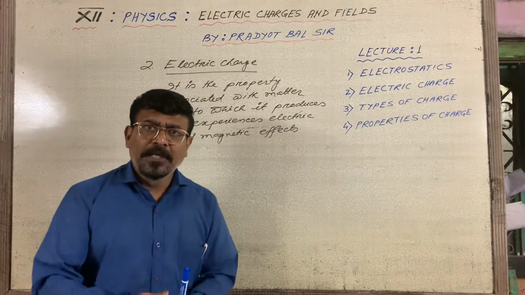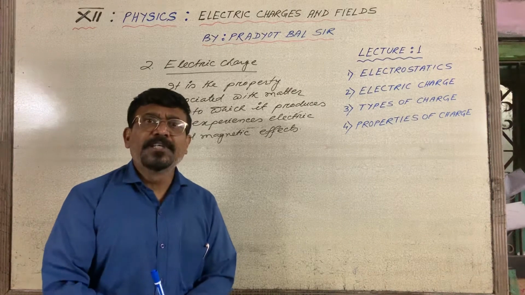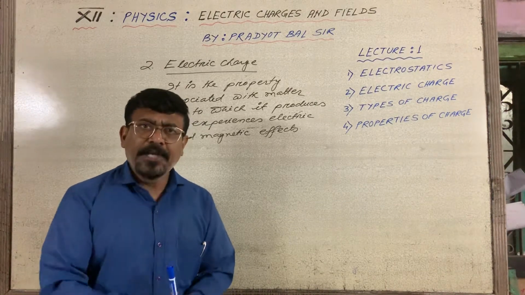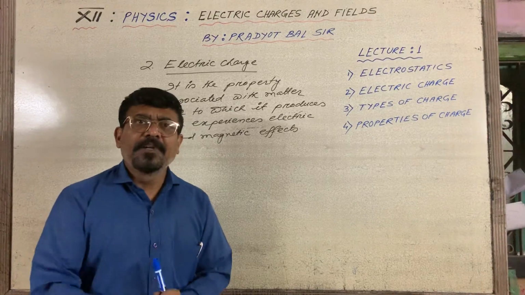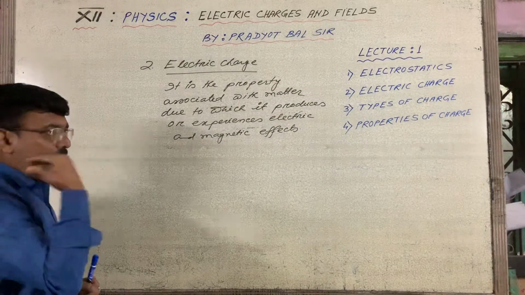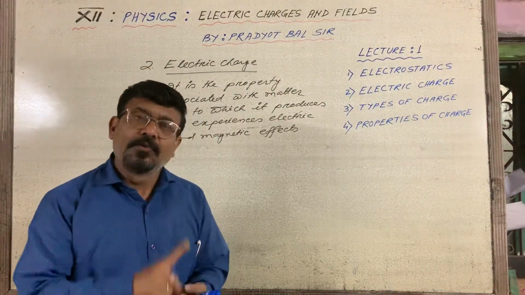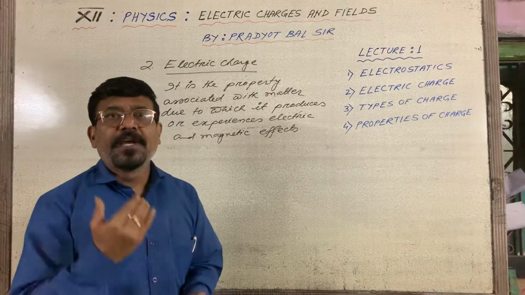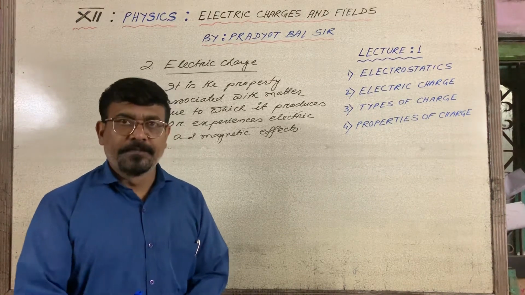If a body is having deficit of electrons, it will be positively charged. If a body is having excess of electrons, it will be negatively charged. So we have got the definition of electric charge and the simple meaning, that charge reveals whether a body is having excess of electrons or deficit of electrons.